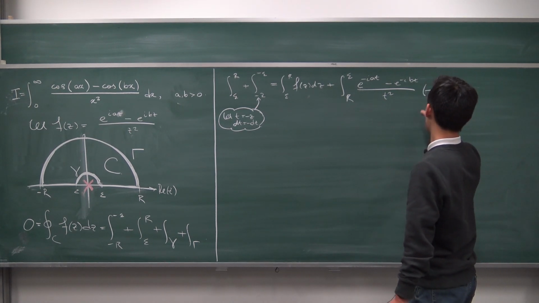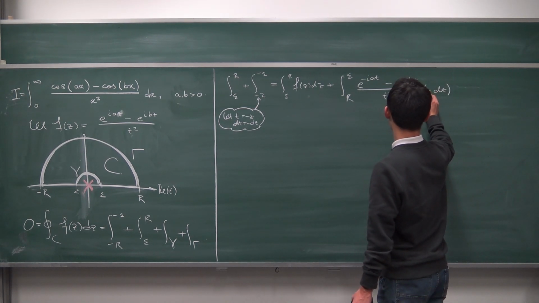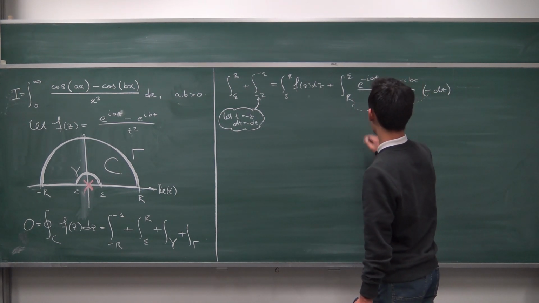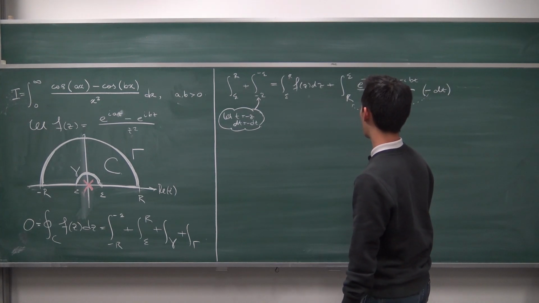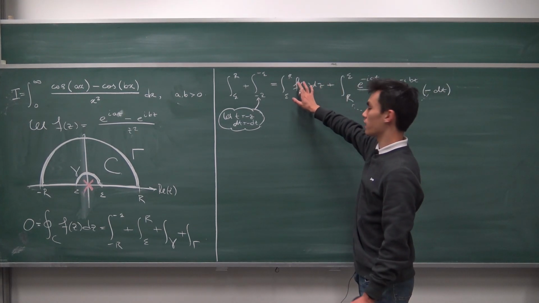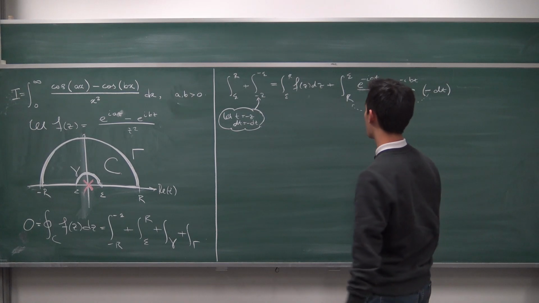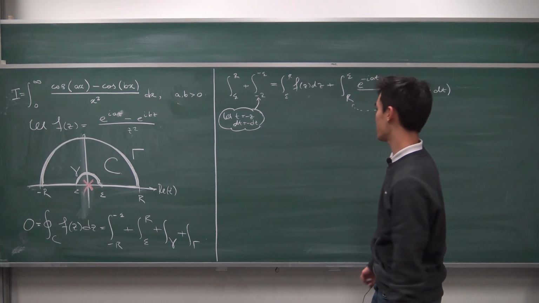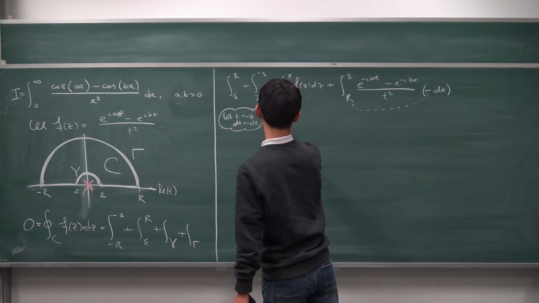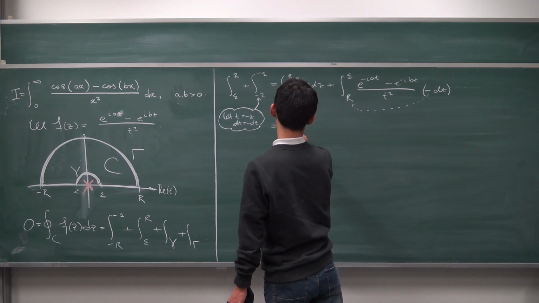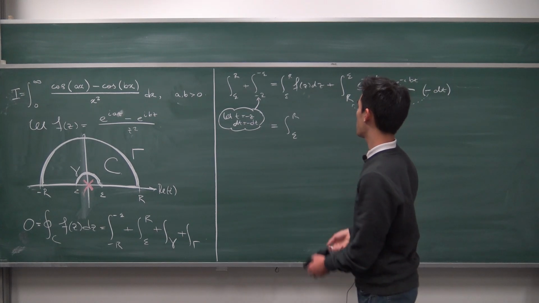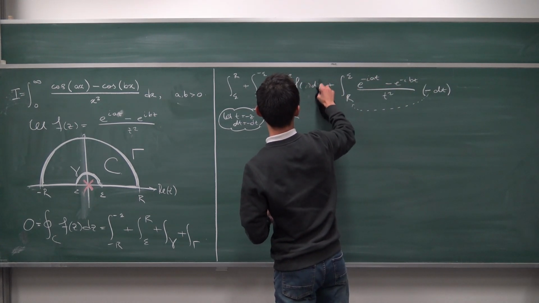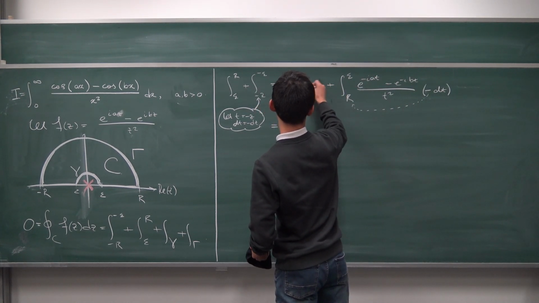What we can do is take this negative and put it into this integral to change the bounds. And this is really quite nice because the bounds are going to match up with this integral over here. And since the bounds match up, we can just add the integrands together. So let's see what this gives us over here. We have the integral from epsilon to r. What is f of z? Well, I'm going to replace z with t here, just so the variables match up. So f of t dt.